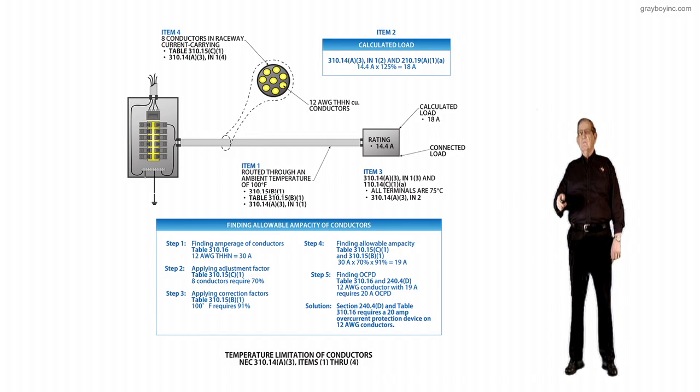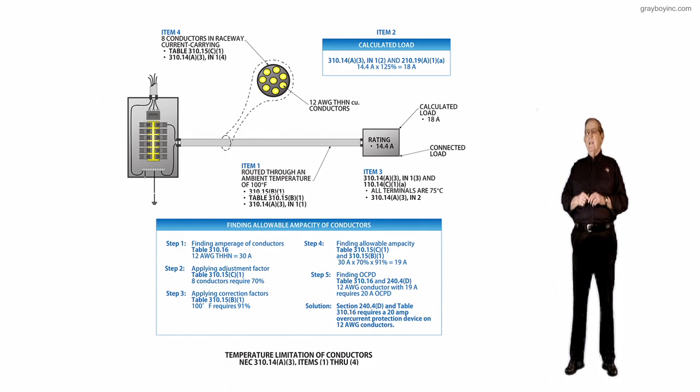20 amps. So we go to table 310.16 and look at 240.4(D), D as in dog, and look at really our table 240.6(A), and we notice a number 12 conductor with 19 amps requires a 20 amp device.